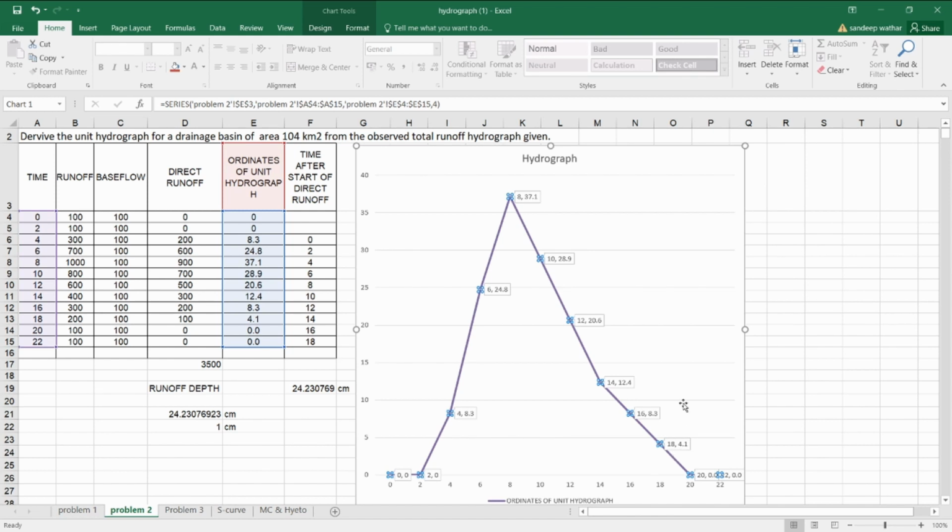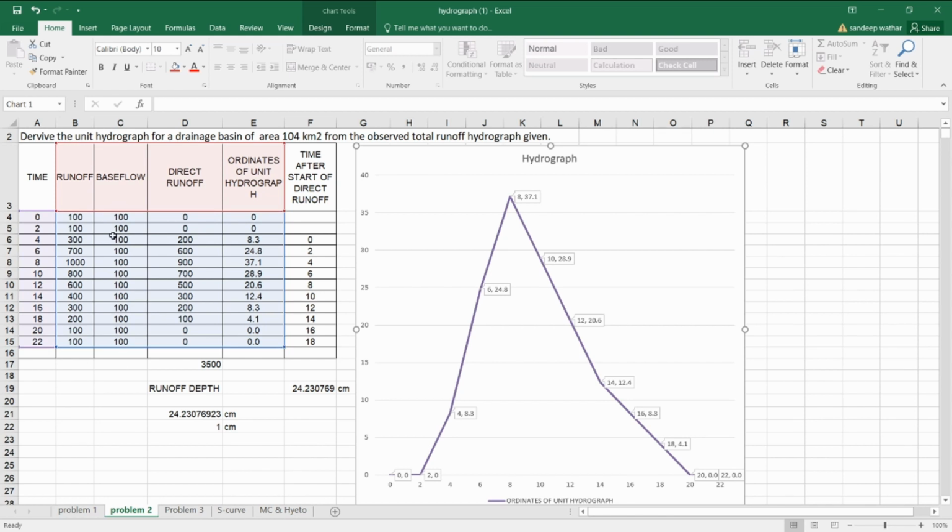Now this is how we calculate the unit hydrograph when you have the direct runoff hydrograph values. Let me quickly explain the procedure followed to calculate the unit hydrograph. First, we have hydrograph values. The hydrograph values are separated from the base flow.